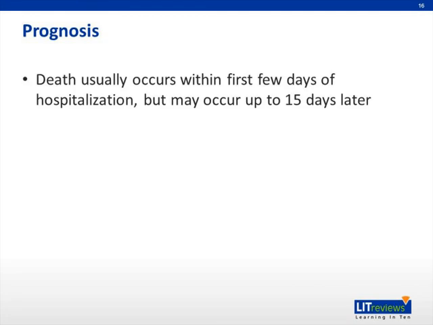Overall, the prognosis for toxic shock syndrome has improved in patients who develop it due to menstrual-associated causes. It actually hasn't changed since it was first described in non-menstrual associated causes. Death usually occurs within the first few days of hospitalization if the prognosis is poor, but may also occur up to 15 days later.